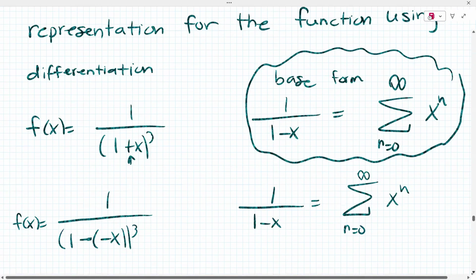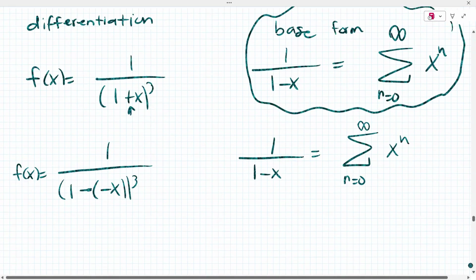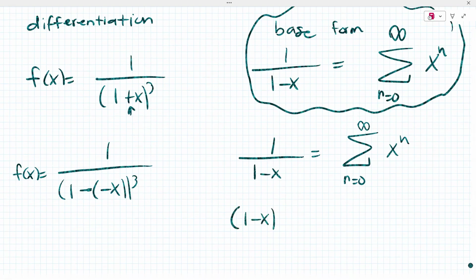Now, let's make 1 over 1 minus x a negative power, so it's going to be (1 minus x) to the negative 1 equals the summation of n equals 0 to infinity of x to the n.